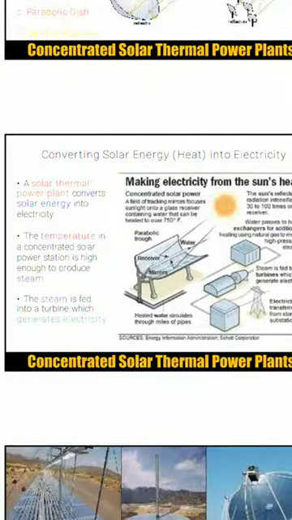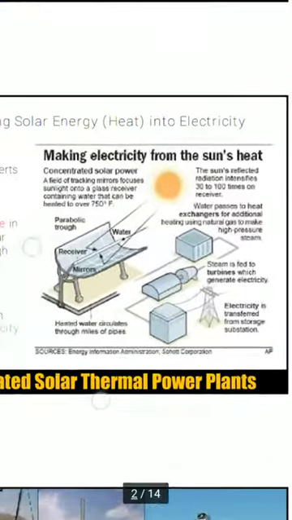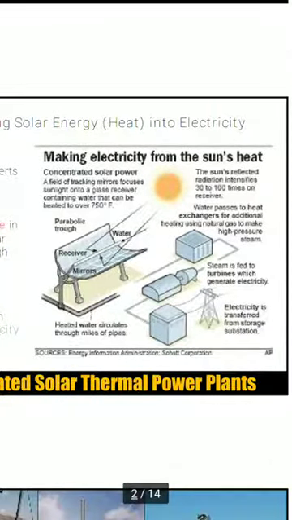The temperature in a concentrated solar power station is high enough to produce steam. That means with the help of solar radiation and concentration, we use this high temperature to produce steam, and then this steam is fed into the turbine, which generates electricity. This is a basic diagram of making electricity from the sun's heat.